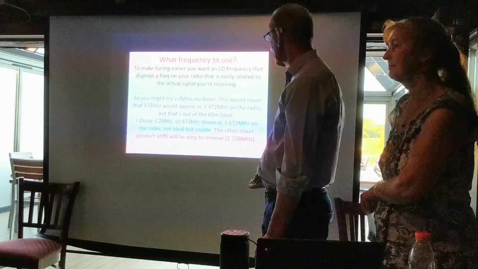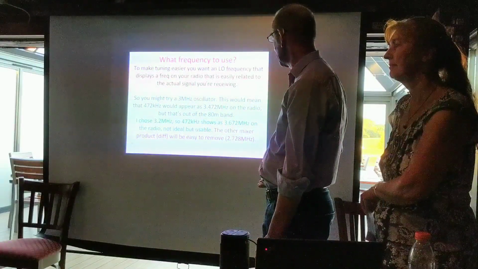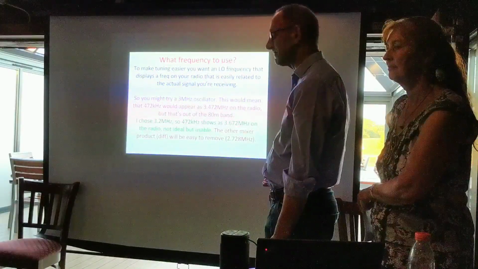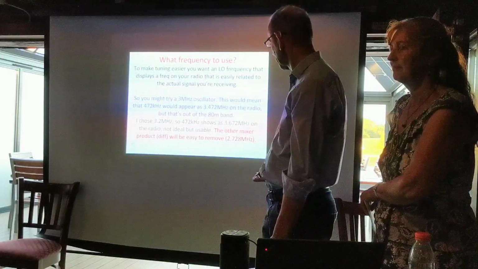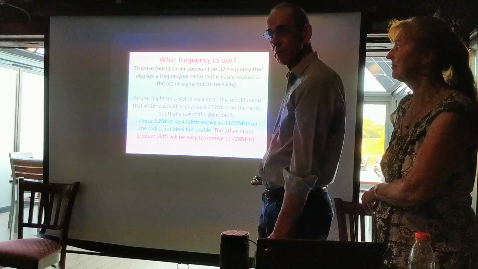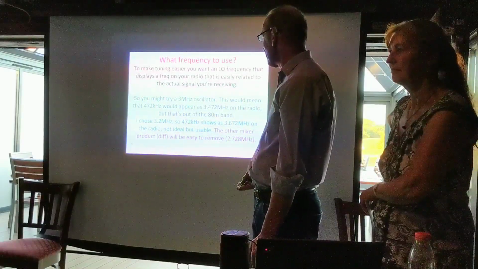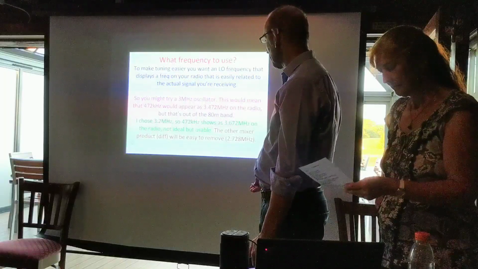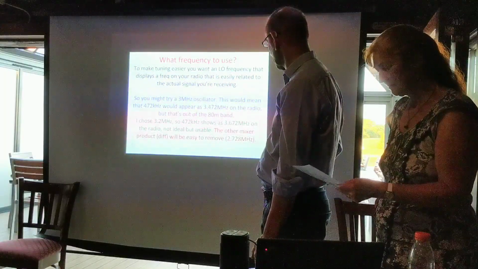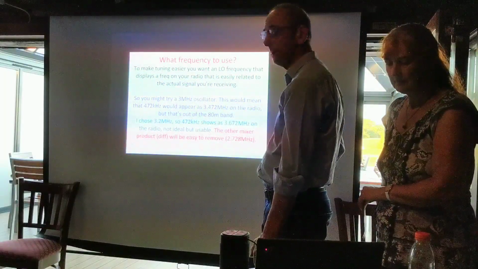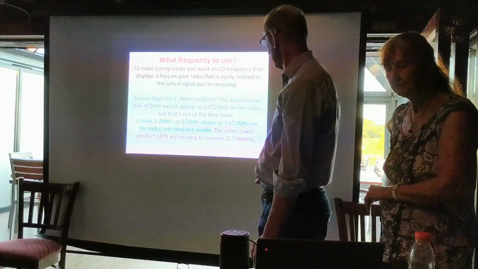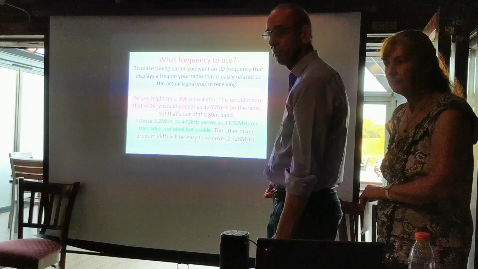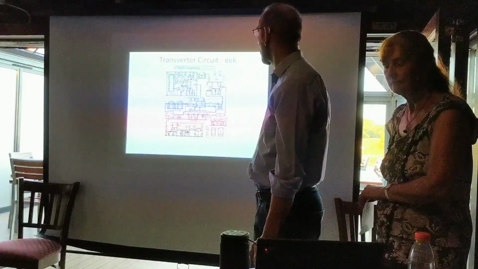And that means that 472 appears on my radio as 3.672. But of course this MF band is very, very narrow, so you never actually get out of even the first digit, really. So it's not ideal, but it's a usable compromise. And the difference product that we'll get will be at 2.728 megahertz, which is, if you work that out, so that's not going to be a big problem for your receiver to get rid of.